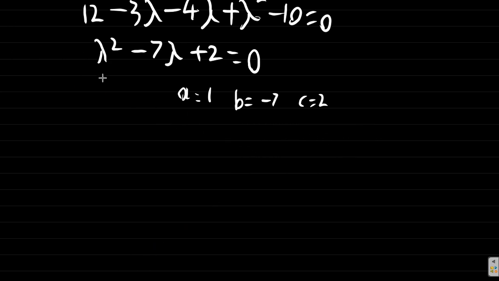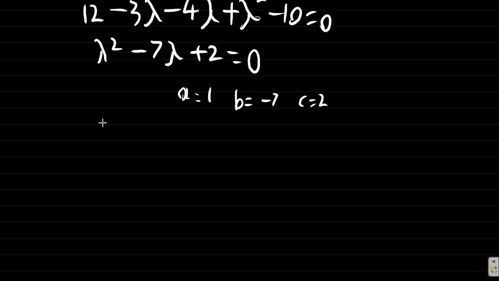The number that multiplies lambda squared is a, that's 1. The number that multiplies lambda is negative 7, that's b. And the number that multiplies lambda to the 0 is 2. This is really lambda to the 1, and 2 lambda to the 0. But anyway, you don't see those. Those are invisible. You don't bother to write them.